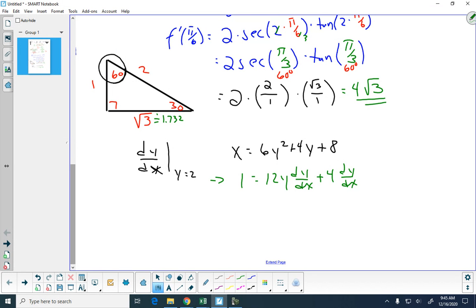Okay, so now we want to solve for dy/dx. So we can factor out a dy/dx out of both the terms and solve for dy/dx.